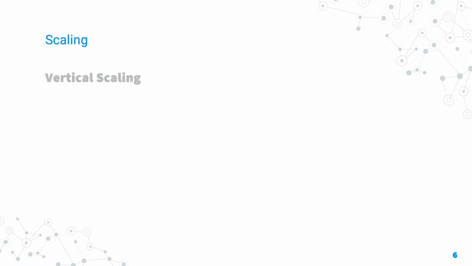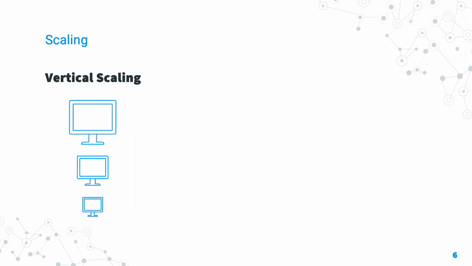The first one, of course, is vertical scaling. Vertical scaling is often referred to as making a single machine more powerful. This involves getting a single machine and making sure that it has enough resources for a more complex job. For example, it might have more RAM, it might have a more powerful CPU, etc. And so this scales vertically.